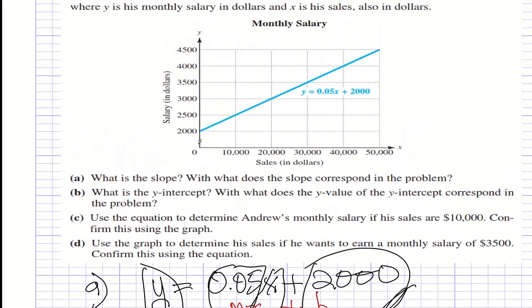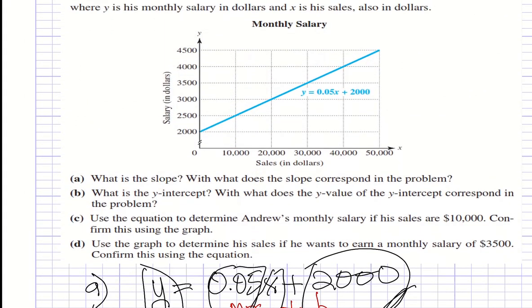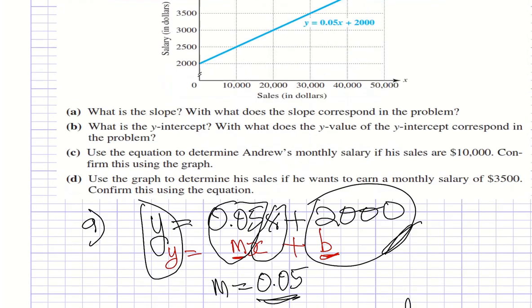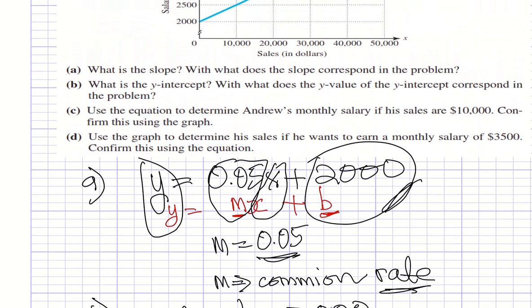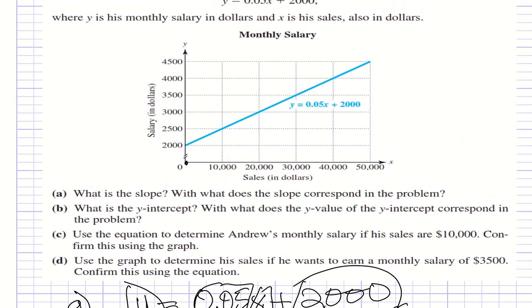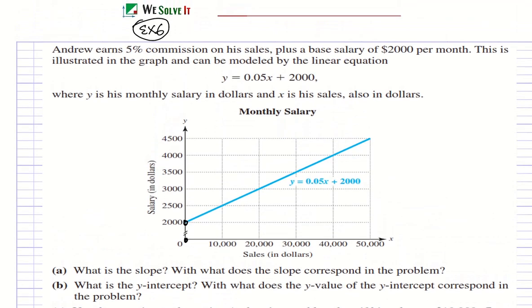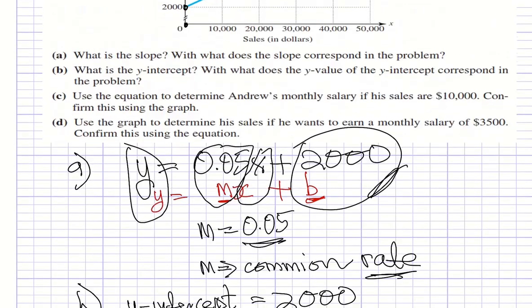If you look at the graph, don't forget, the y-intercept is where x equals 0. So x is 0 right here, and that's the base salary. That's what the problem says, the base salary per month. So it corresponds to the base salary.